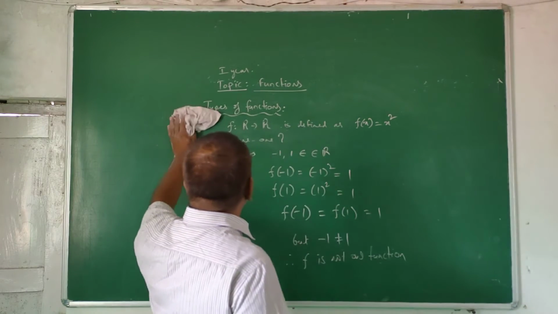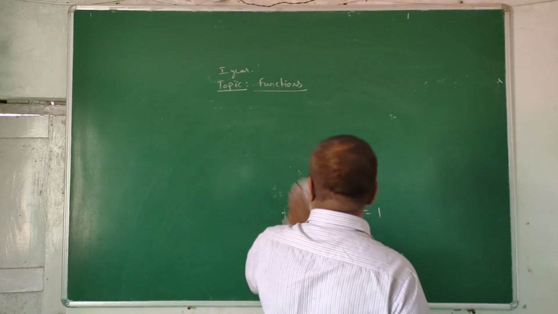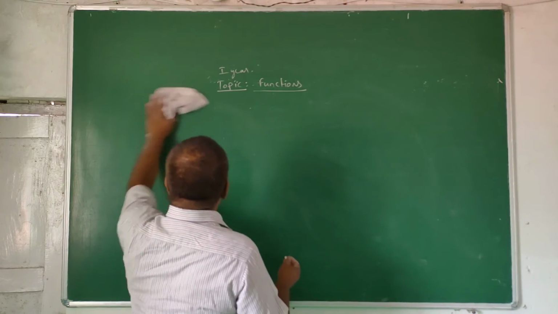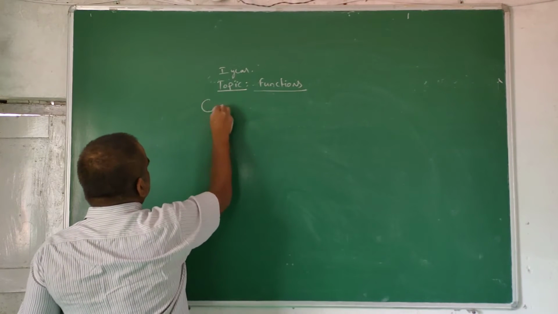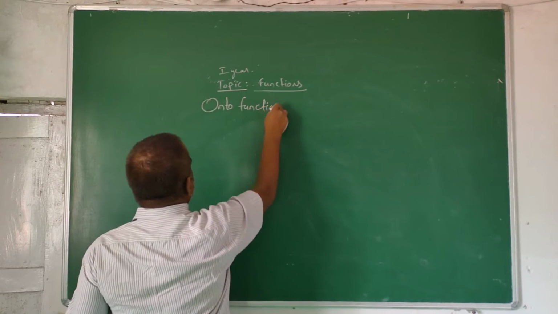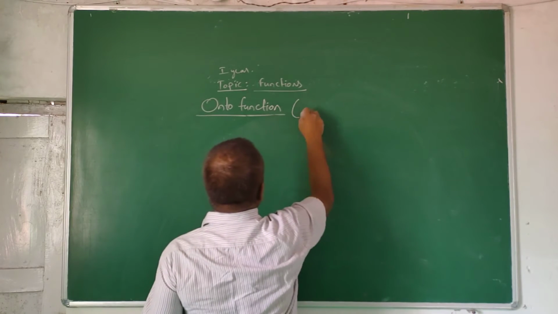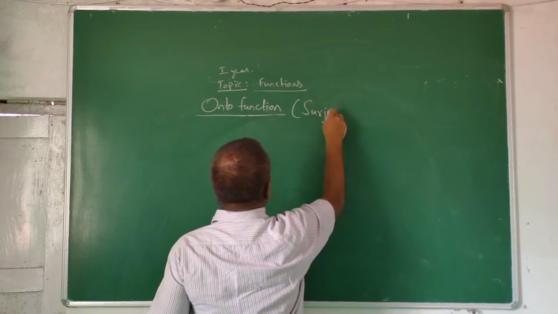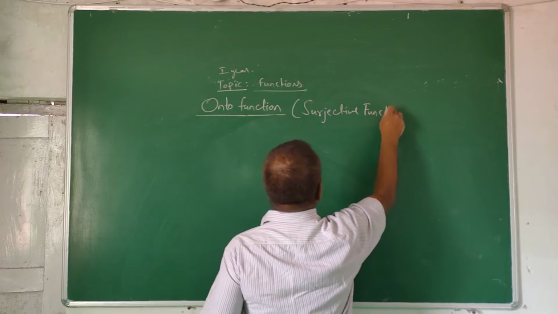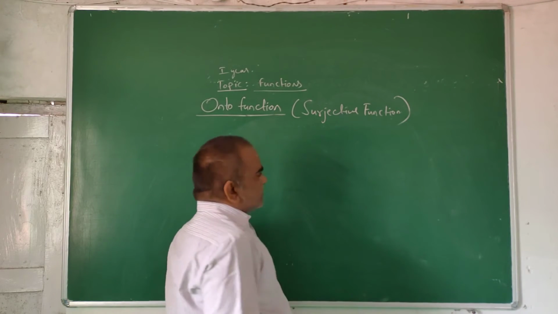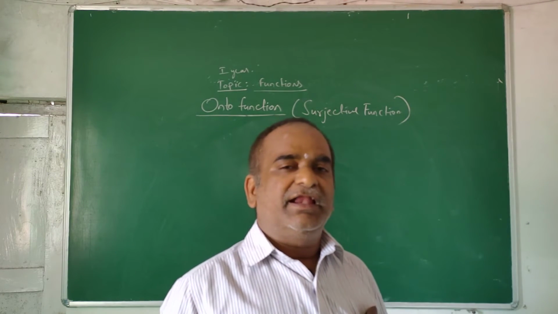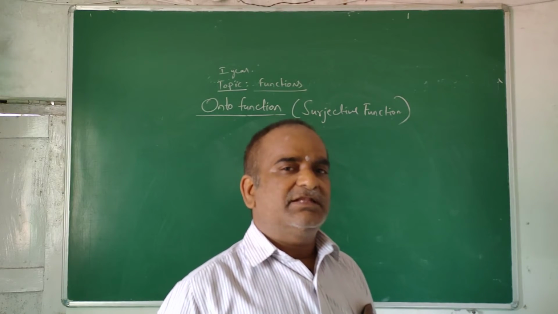Next, coming to onto function. Onto function is also known as surjective function. I will first take an example and explain so that you will understand very well.